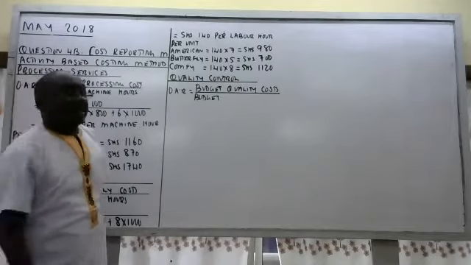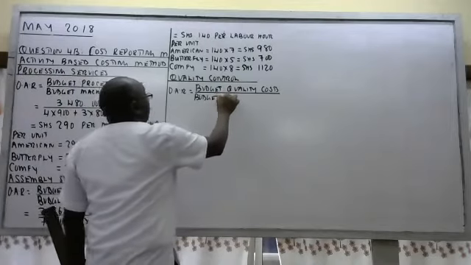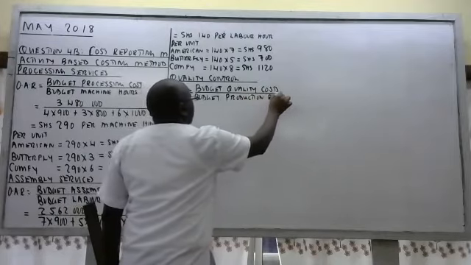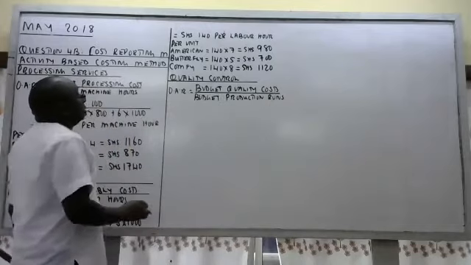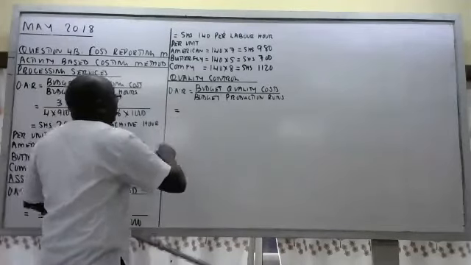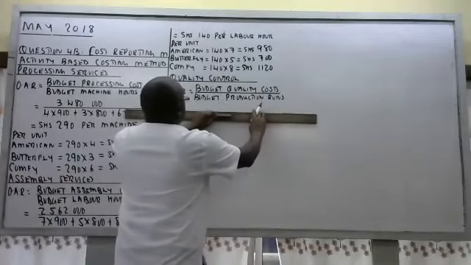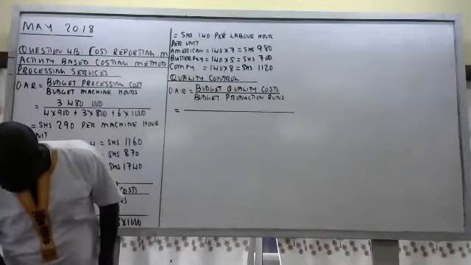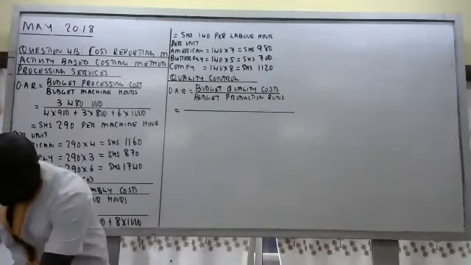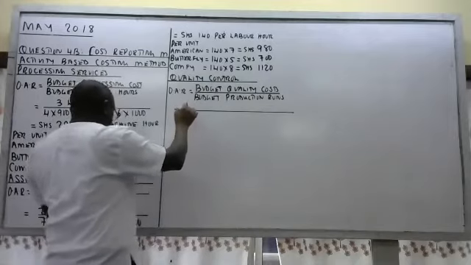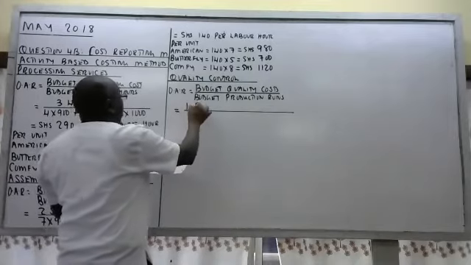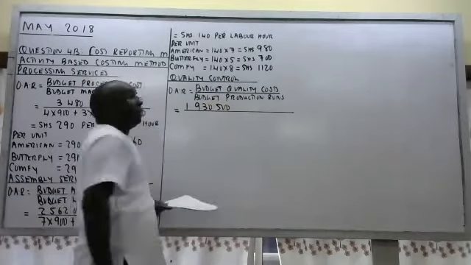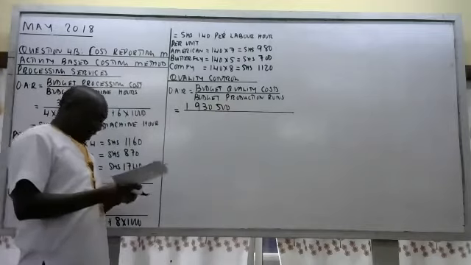Let us go by budget production runs. So this one then becomes, the amount is 1,930,500.